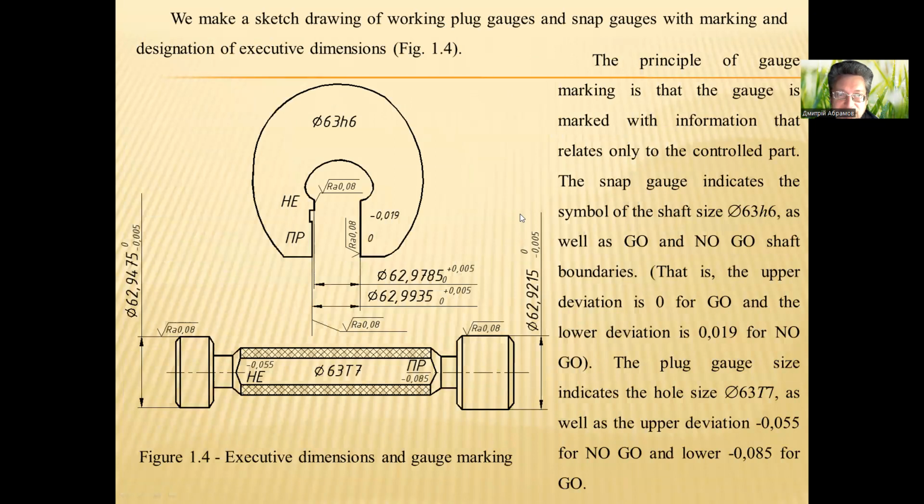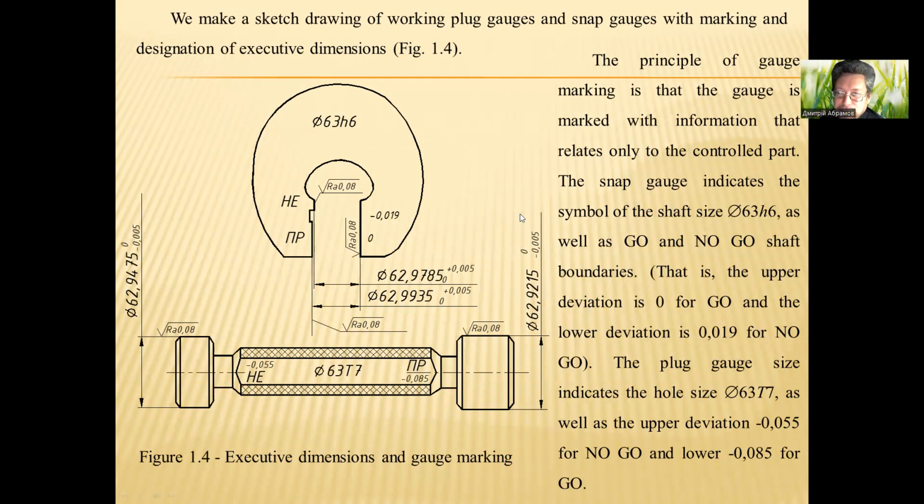We make a sketch drawing of working plug gauges and snap gauges with marking and designation of executive dimensions. The principle of gauge marking is that the gauge is marked with information that relates only to the controlled part.